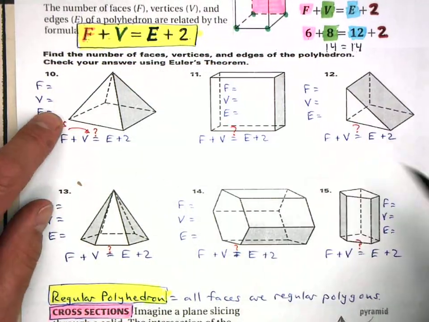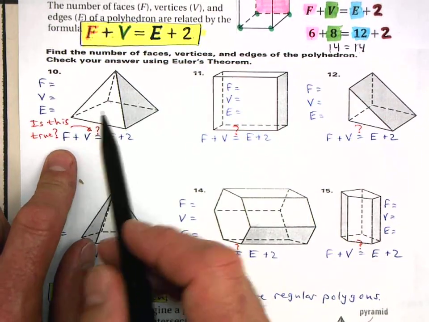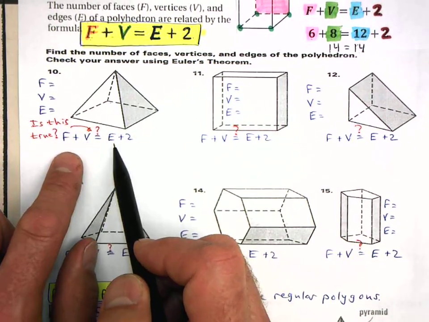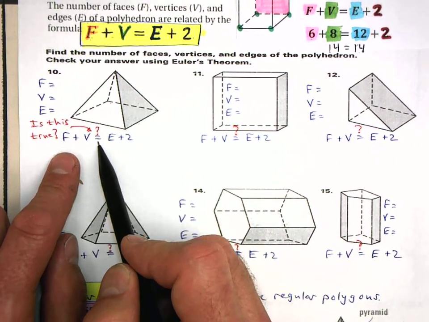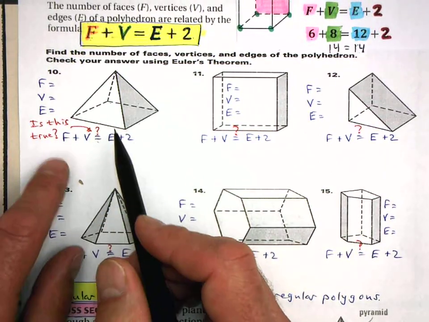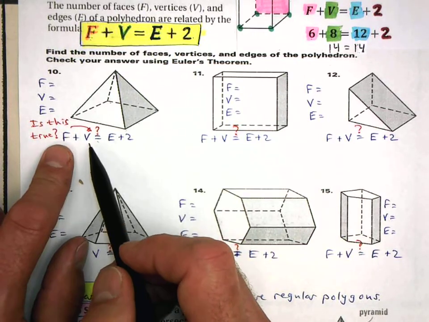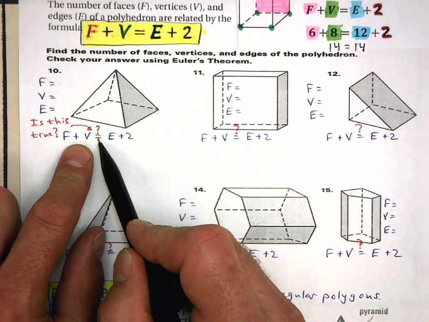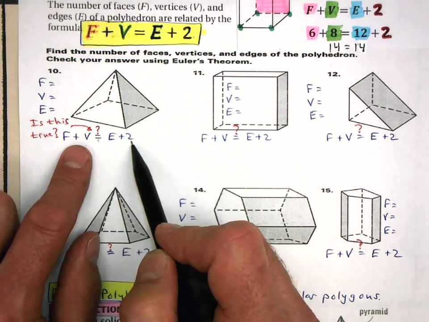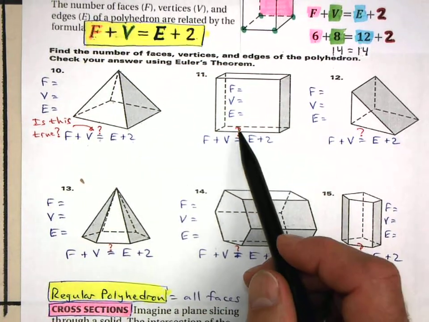So that makes 8 edges. So add those up, put them into Euler's formula, and we're asking, is this true? I want you to confirm that Euler's formula is true. So take the number of faces plus the number of vertices, and see if that equals the number of edges plus 2. Okay, so do that for each of these.